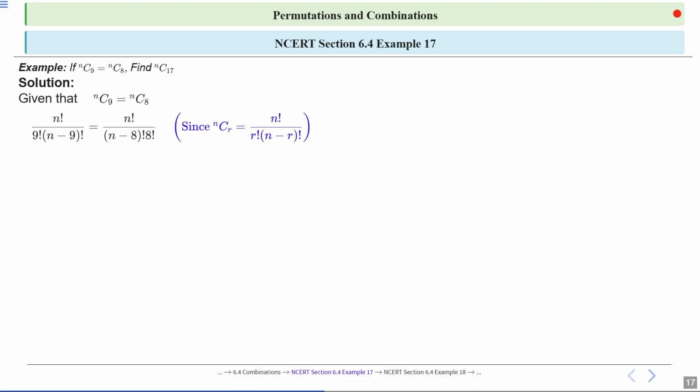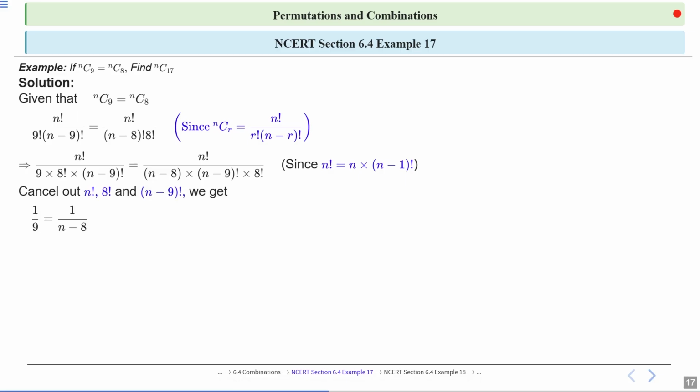As you know, nCr equals n factorial upon r factorial times (n minus r) factorial. Using this formula, we can write n factorial upon 9 factorial times (n minus 9) factorial equal to n factorial upon (n minus 8) factorial times 8 factorial. It implies n factorial upon 9 into 8 factorial into (n minus 9) factorial is equal to n factorial divided by (n minus 8) times (n minus 9) factorial times 8 factorial.